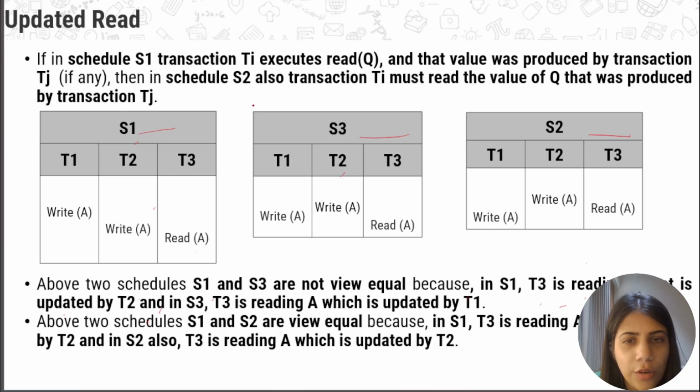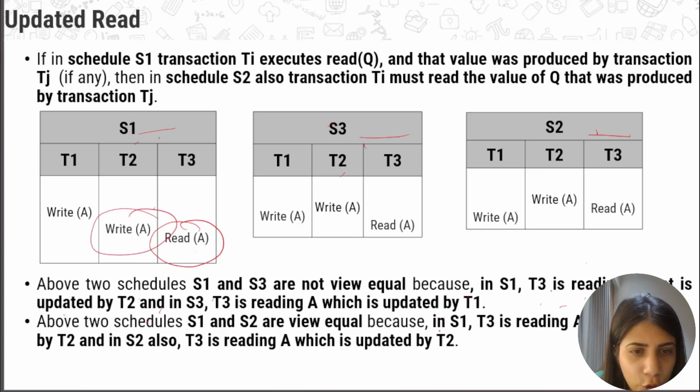There are three schedules S1, S3, S2. Again, S1 and S3 are not view equivalent. Why? Because in S1, T3 is reading A and that is updated by T2. But in S3, T3 is reading A, which is okay, but it is updated by T1.